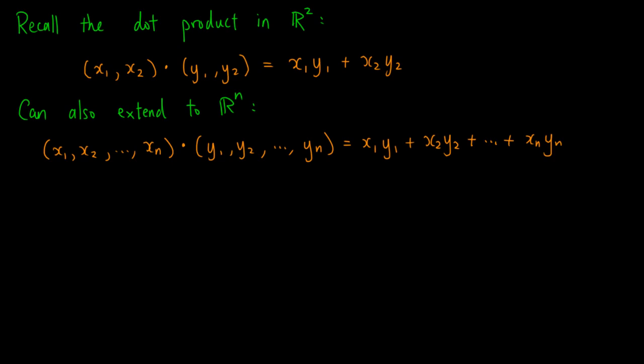The idea is the same, in the sense that we multiply corresponding components and then add up the results. We can also rewrite this using the summation notation, which is the sum of xi times yi from i equals 1 to n.